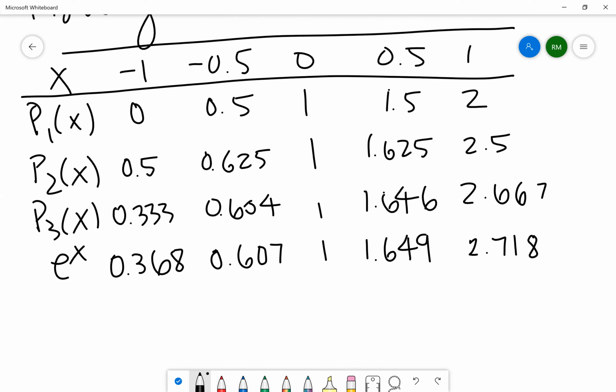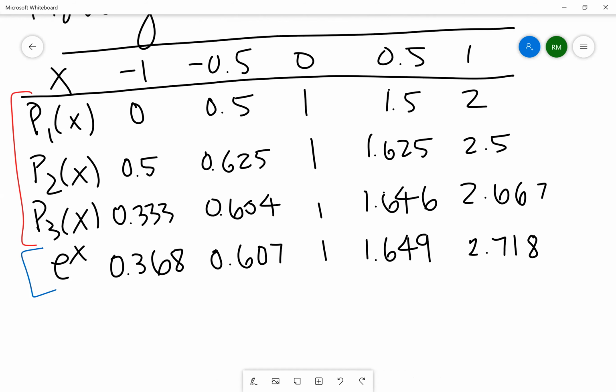All right. What patterns do you notice? These are the approximations in red, and this is the exact in blue.